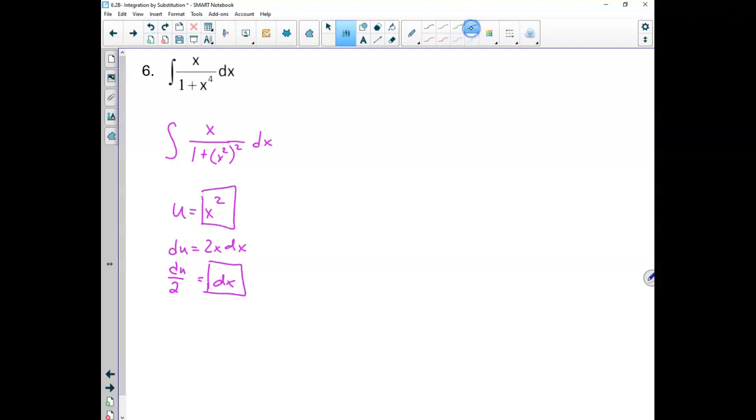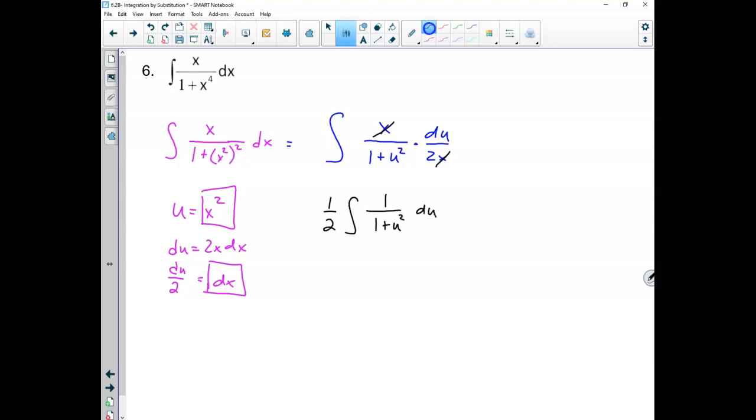So that's going to make me rename my integral as x over 1 plus u squared, and my dx is going to be du over 2x. Then I can see that those x's reduce out, and I have a constant of 1/2 times the integral of 1 over 1 plus u squared du.